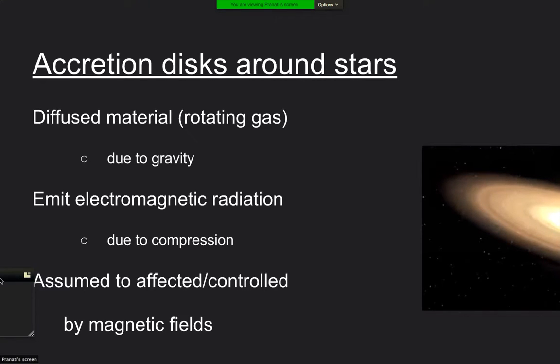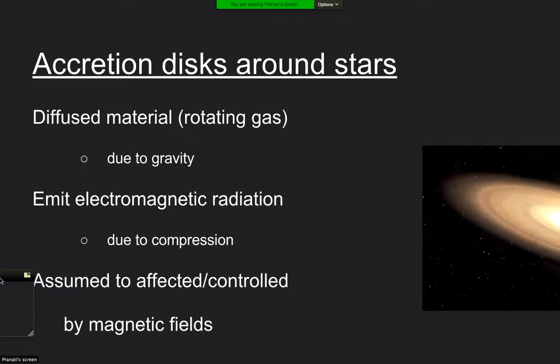Accretion disks around stars. Accretion disks are basically materials that rotate around massive objects because of the gravity coming from the object, and they are generally made up of gas and dust. This material emits electromagnetic radiation, which is caused by the viscosity of gas in these disks.